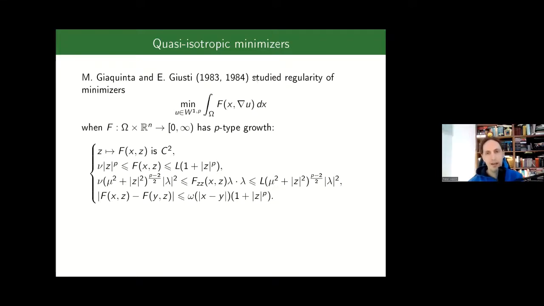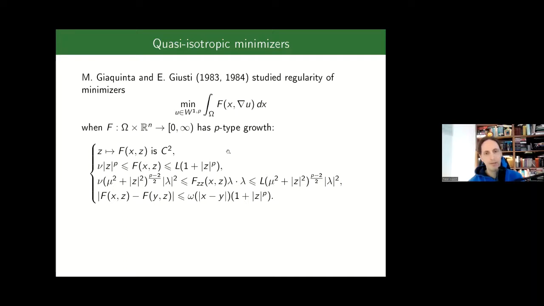So how is this different from what was previously written? Well, you can notice that there are no absolute value signs around this gradient. So here, f, as is mentioned here, is a function from omega times Rn to positive real values. So instead of t here, the second variable is now z, which is in Rn.